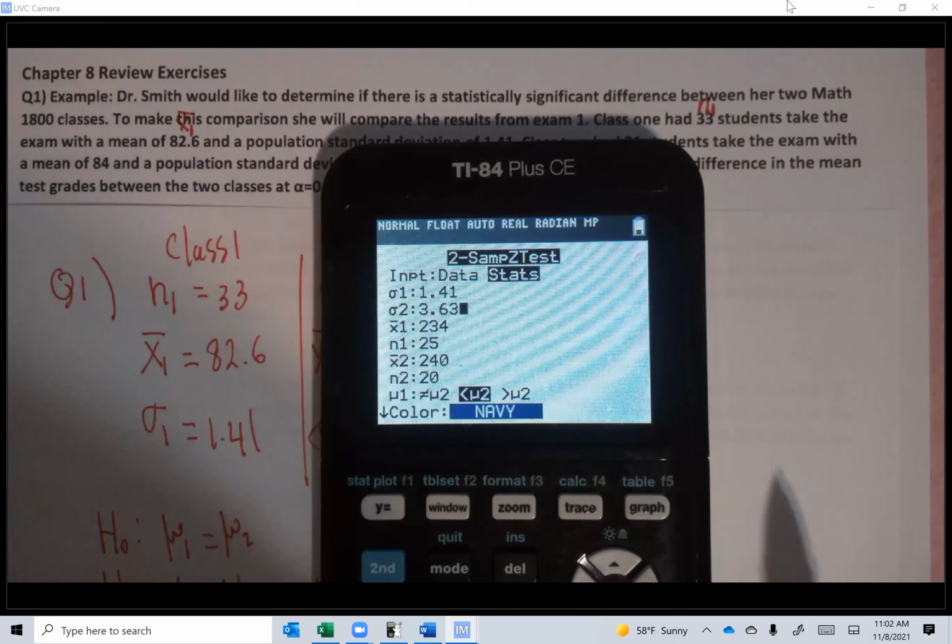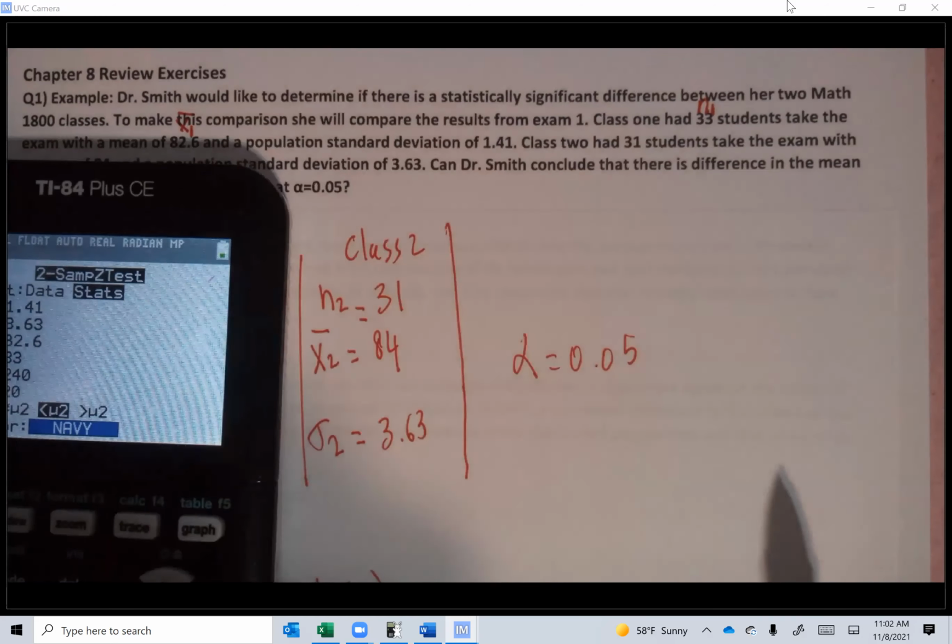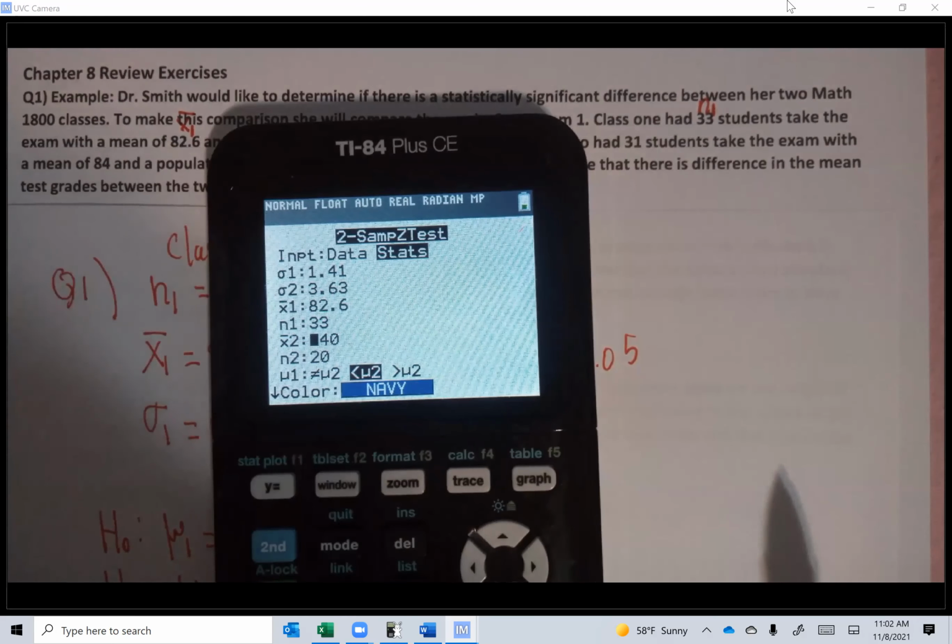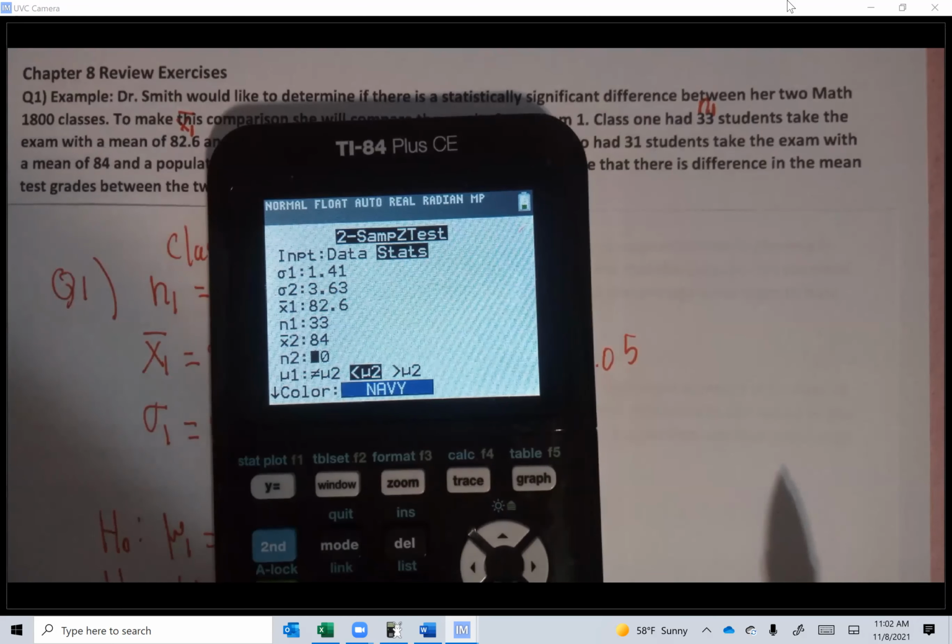Please do it with me. X1 bar is 82.6. N1 is 33. X2 bar, guys, is 84. And N2 is 31. And we need to check if there is a difference.